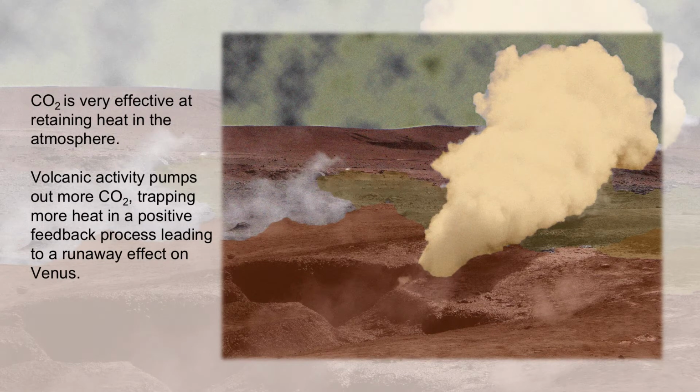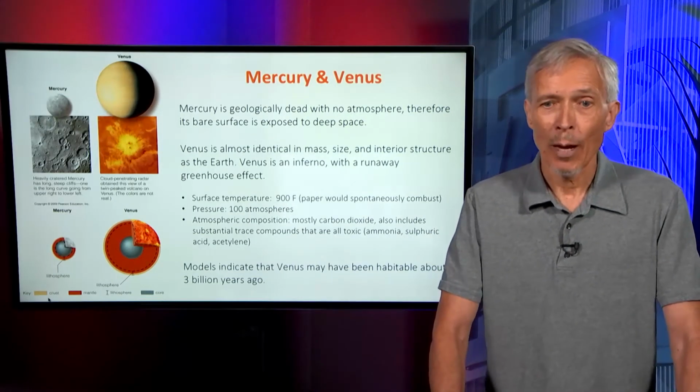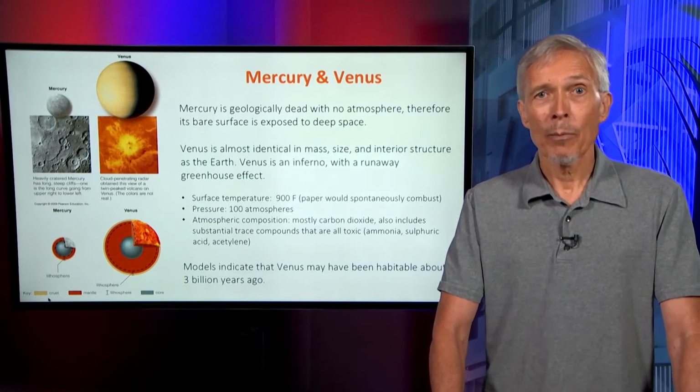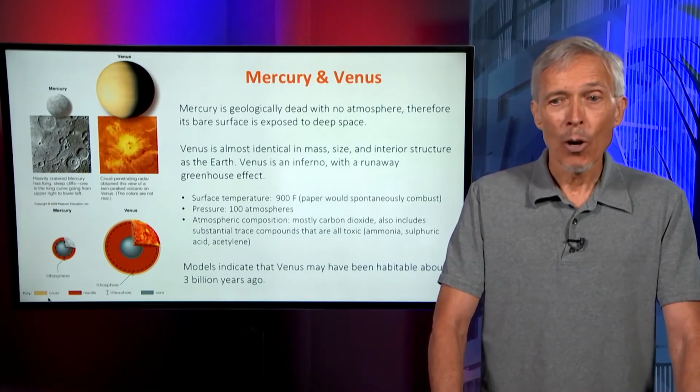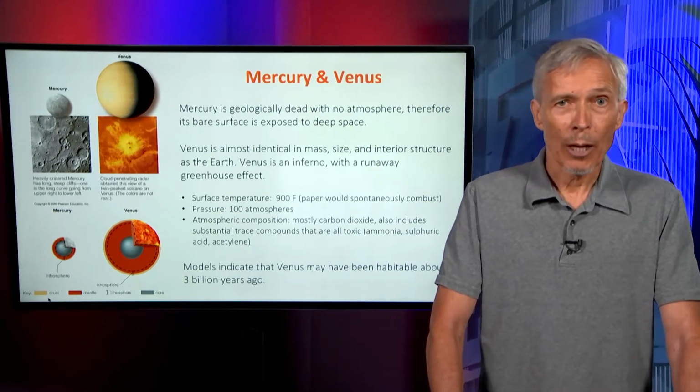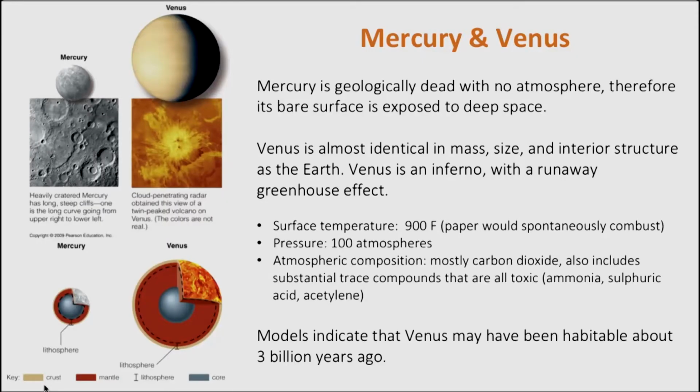The larger temperature of the Venusian surface cannot be explained by its proximity to the Sun, because that's not a very large effect. The atmospheric composition also has other toxic components. There are ammonia, sulfur dioxide, sulfuric acid even, and acetylene. All of these are toxic on the Earth, although they're present in trace amounts in the Venusian atmosphere.